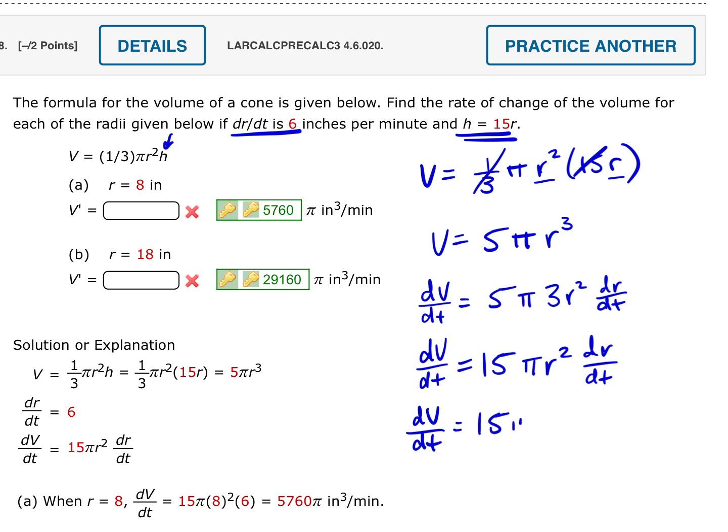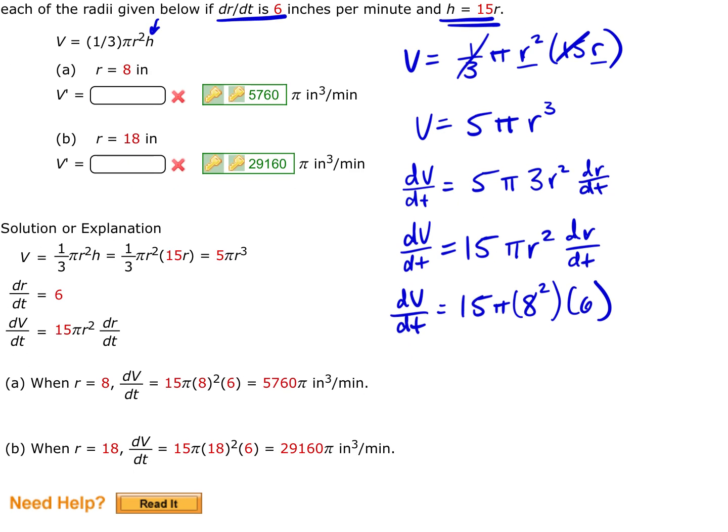So 15 pi r squared would be 8 squared, dr over dt is 6. I don't have my calculator on me, but 8 squared is 64 times 15 times 6, I'm going to assume is 5,760 if we did it right.